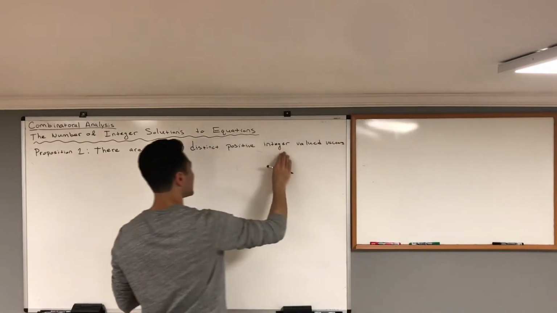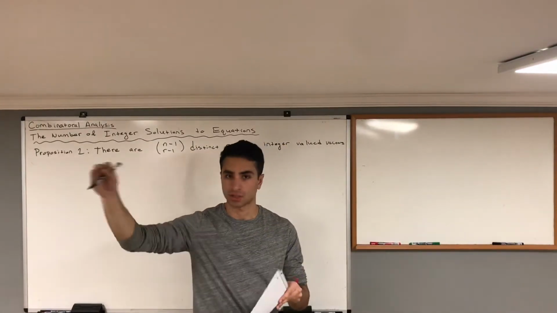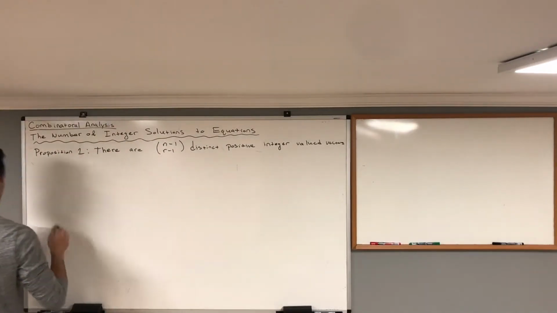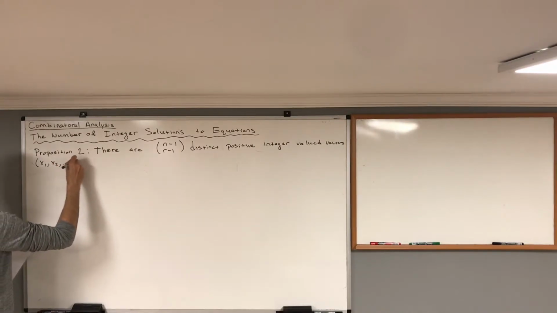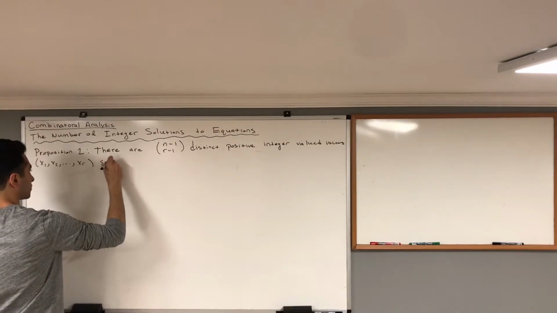Right, so positive integer valued vectors do not include 0. They include the numbers 1, 2, 3, and so on. So positive integer valued vectors x1, x2, xr, satisfying the following equation.